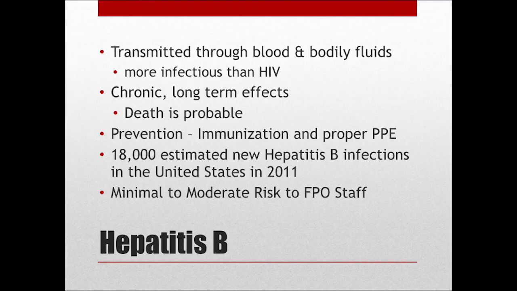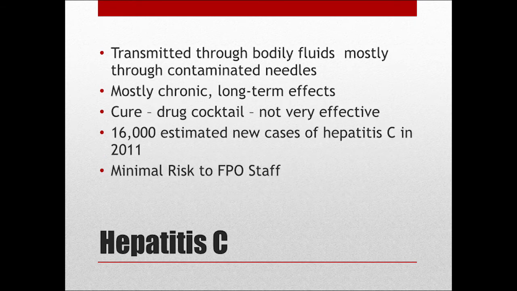Hep B is transmitted through blood and body fluids. Chronic long-term effects. You could very well die from it. Prevention, again, is immunization and proper PPE. There were 18,000 estimated new cases in 2011 in the U.S. Hep C is transmitted through bodily fluids, mostly through contaminated needles.